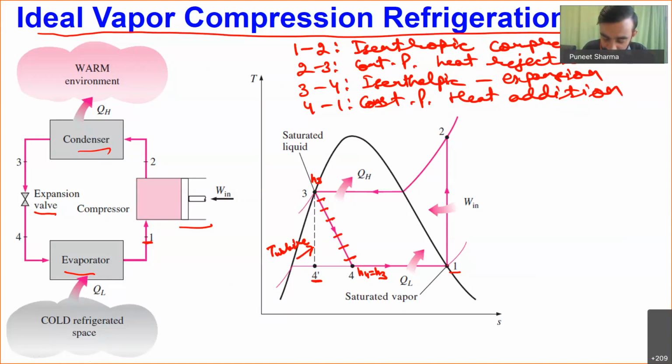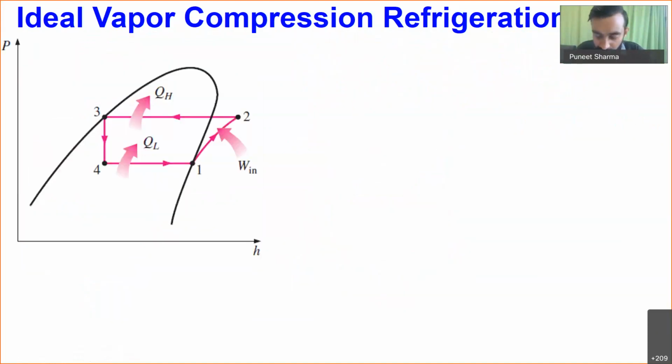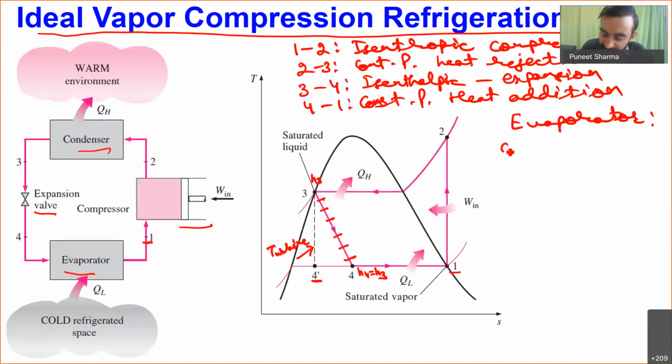Now if you apply the steady flow energy equation to the different devices, let me first take the evaporator. I am writing this equation on a per unit mass basis. In the evaporator we are adding QL amount of heat, so QL minus W, where W is the integral of VdP, because the evaporator is an open system.